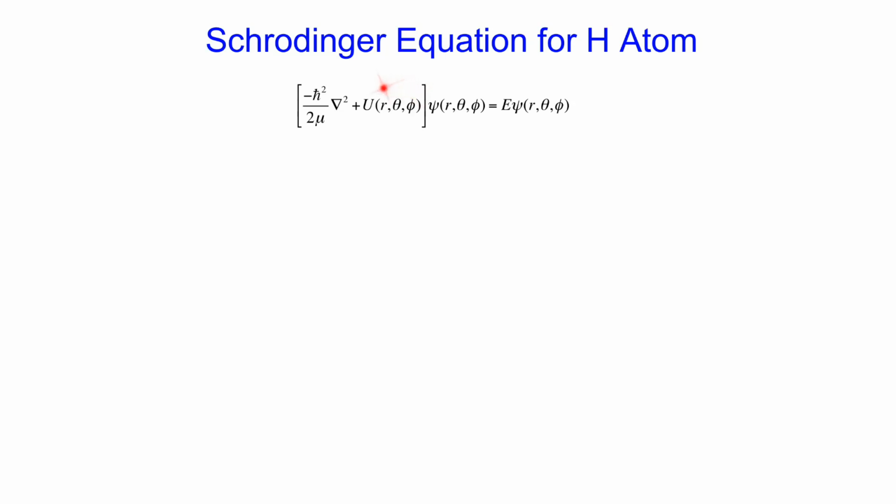We now have this additional potential energy term, and then we have a wave function that is now modified slightly from our rigid rotor situation, where we now have a dependence on r as well as theta and phi.